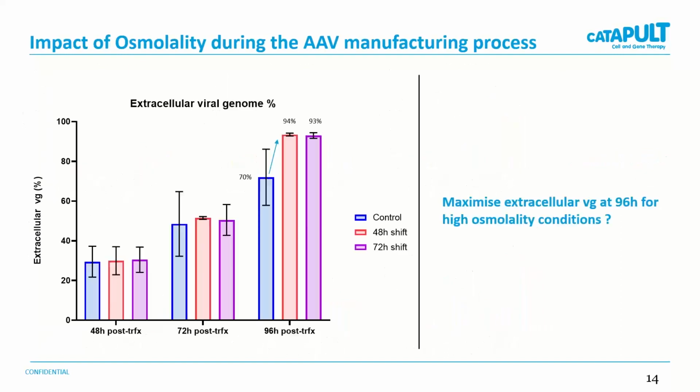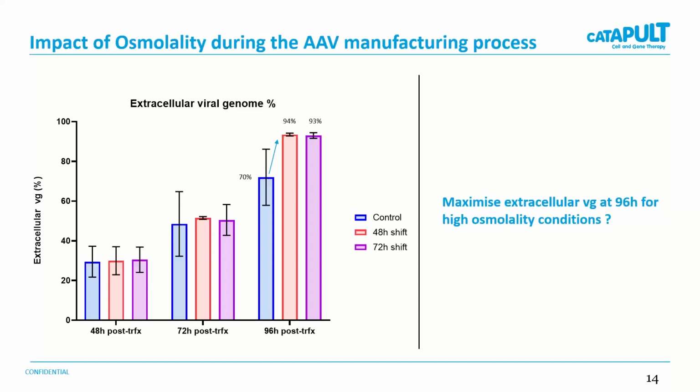What is, I think, the most interesting is if we calculate the percentage of extracellular viral genome. This is the same color code, for all three conditions and the three different time points.